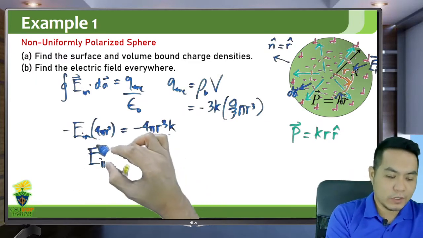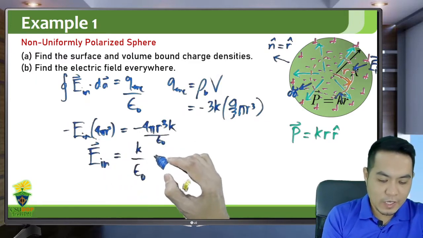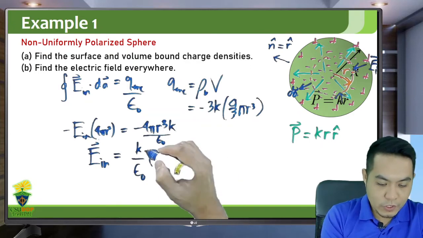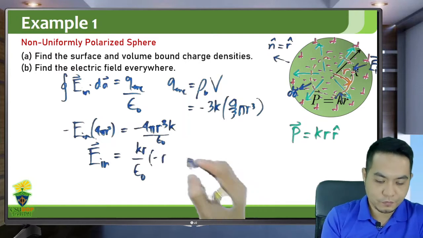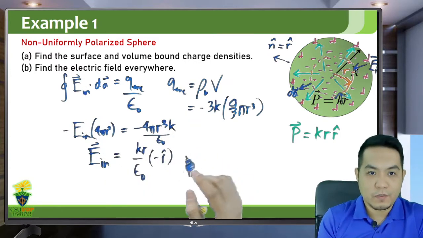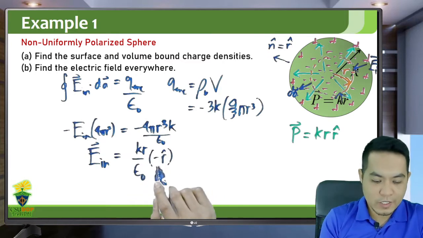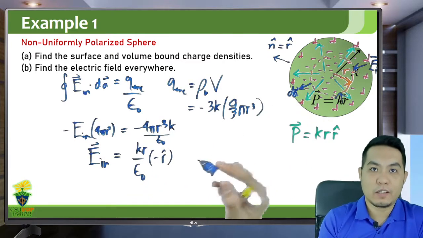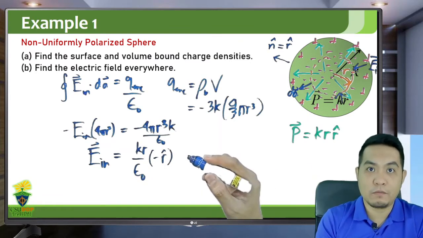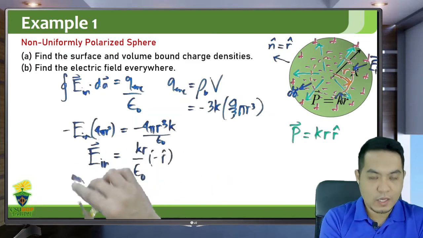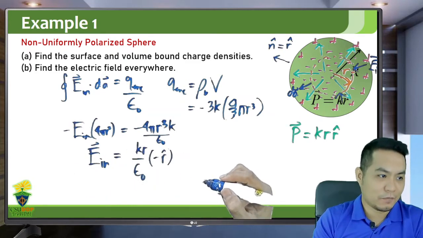If you want to convert this into a vector, sorry, there should be an r, since r cubed divided by r squared. The direction of this is negative r hat because it's towards the center. It's basically the field of a negative charge. So this is now the electric field inside.